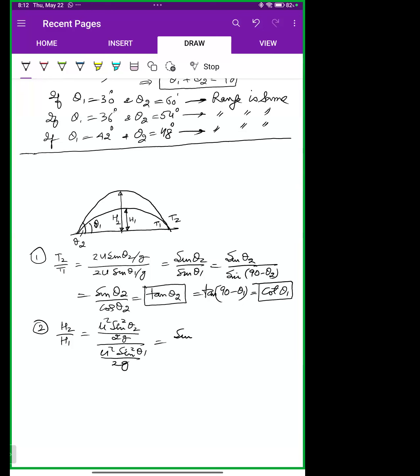That becomes sin theta 2 upon sin theta 1 whole square. So we can take directly from above, it is tan square theta 2, which is cot square theta 1. So these two results: ratio of heights and ratio of times.